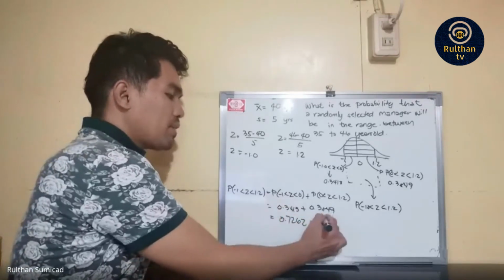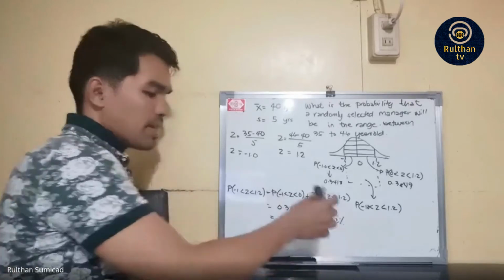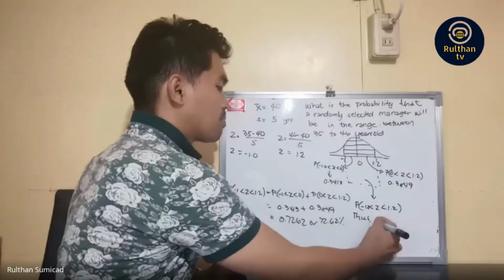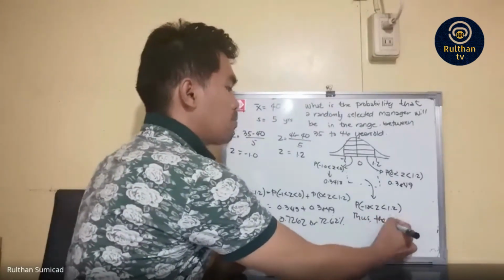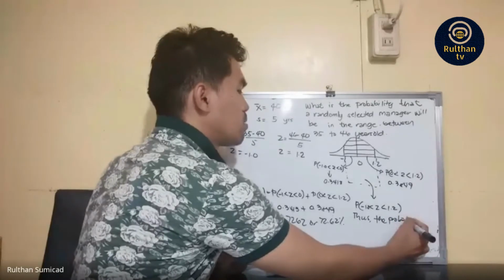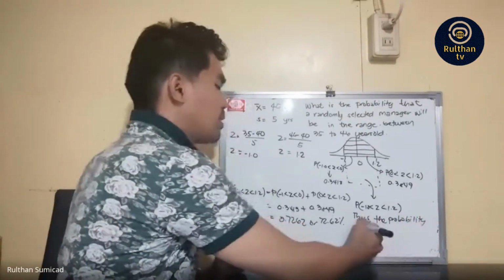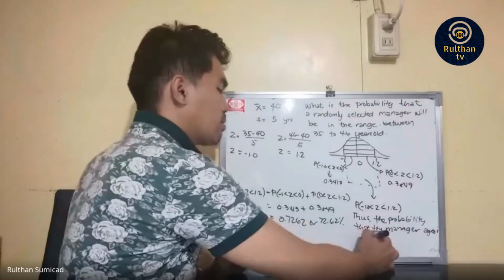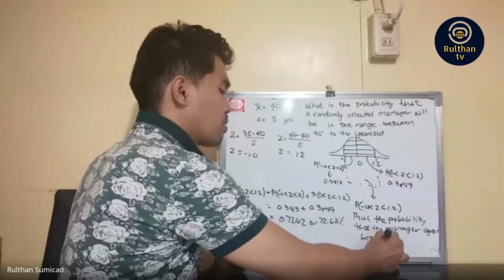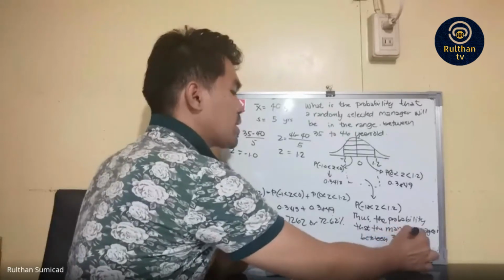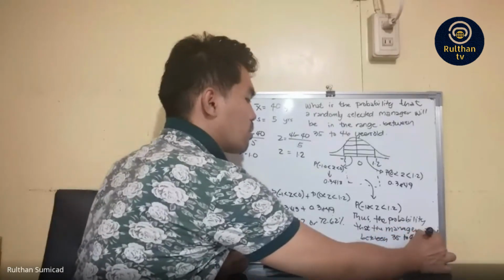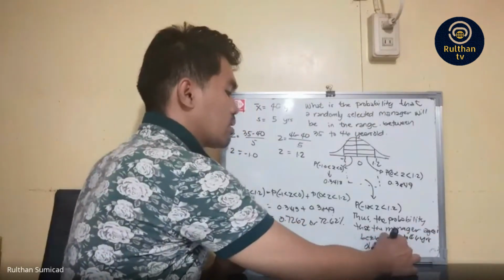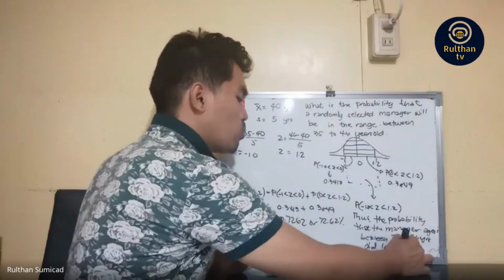or simply 72.62%. Therefore, to answer the question, the probability that the age is between 35 to 46 years old is 72.62%.